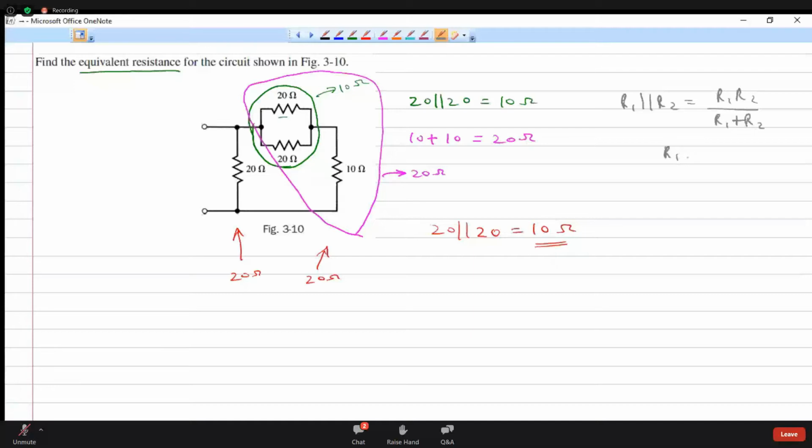If R1 and R2 are equal, then R1 parallel R2 is nothing but R parallel R, which is equal to R by 2.